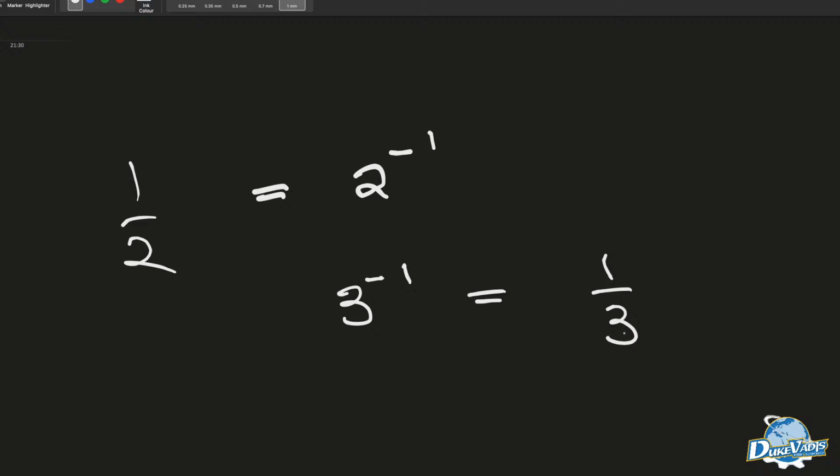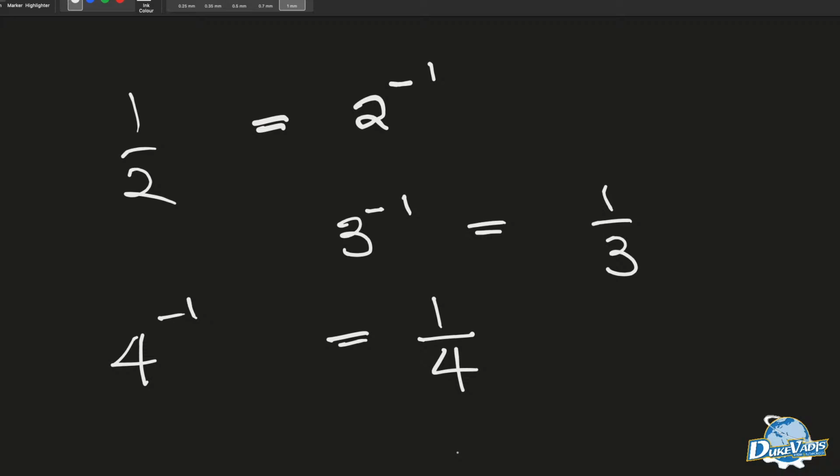In the same way, 4 raised to the power negative 1 is 1 over 4. If I have 8 raised to the power negative 5 over 6, all it means is 1 over 8 raised to 5 over 6. So nothing changes at all.